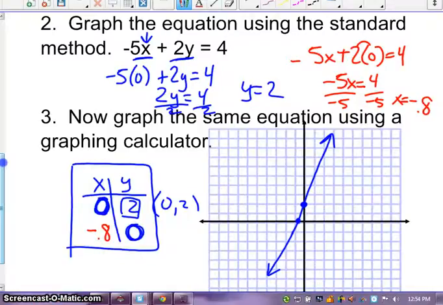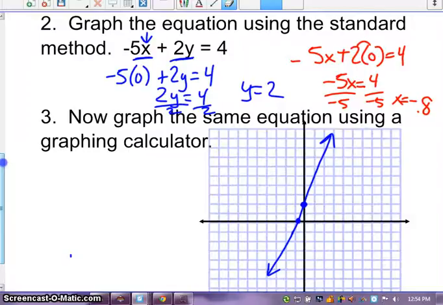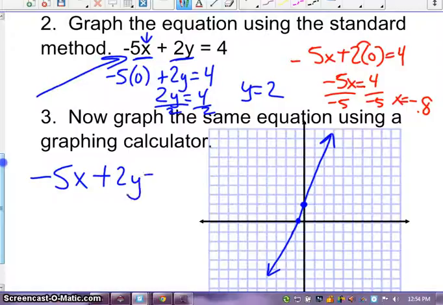Alright, now, what if we want to use a graphing calculator? Well, our graphing calculators have y equals before you can start putting in your equation. Well, this equation is not in y equals, so we need to make it into y equals. So we need to get y by itself. We have -5x plus 2y is equal to 4 right now.